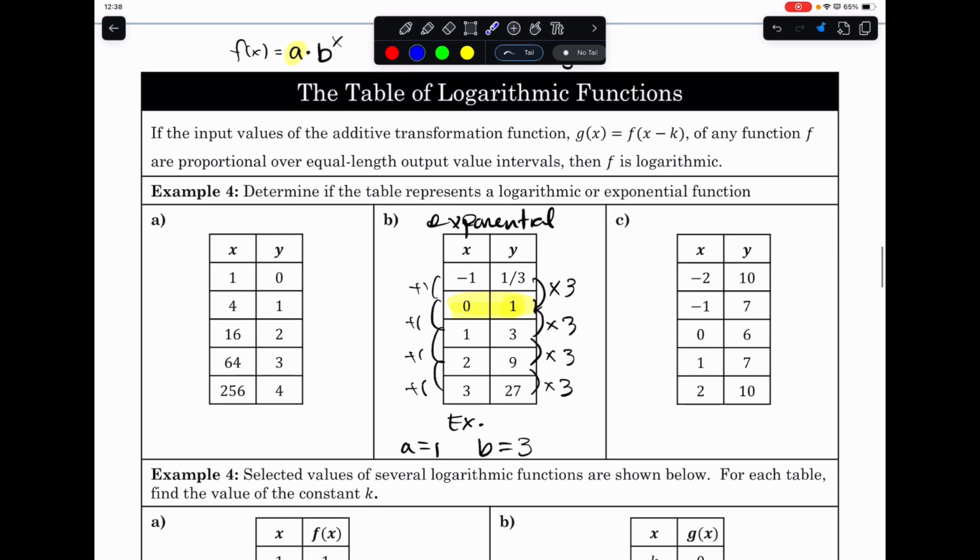So over equal output values, the x values are going to be proportional. So if the input values of a function are proportional over equal length output values, so these values are increasing by units of 1 or an equal length value, then this is going to be an example of a log function.